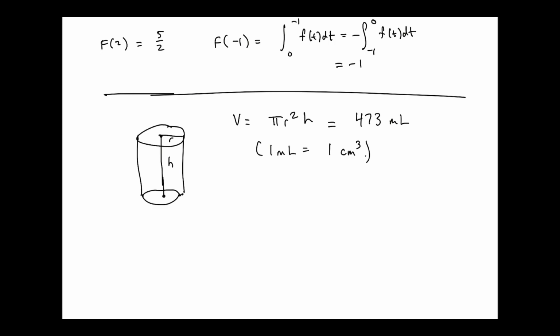This is one of the things that makes the metric system so nice: one thing is equal to one thing. There's no funky number. And sometimes I'll write 1 cc here. Sometimes you actually see cc instead of cubic centimeter, particularly in the medical field.